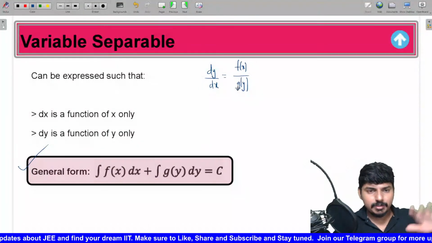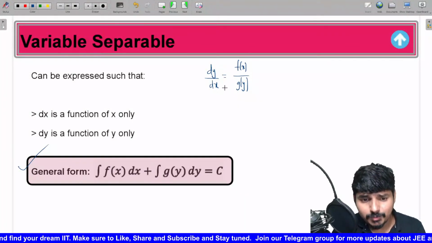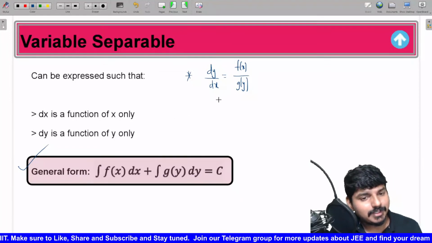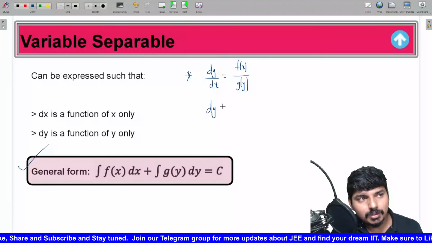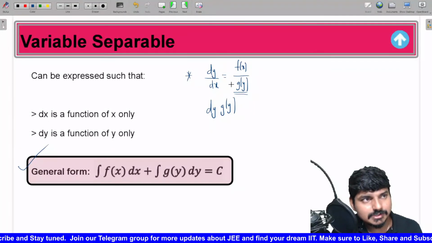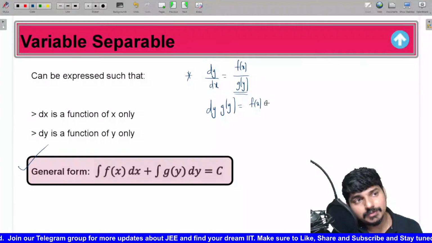Okay, now you see the question. Whenever you have a differential equation of this particular type, what you can do is write all the y terms along with dy, and all the x terms along with dx.